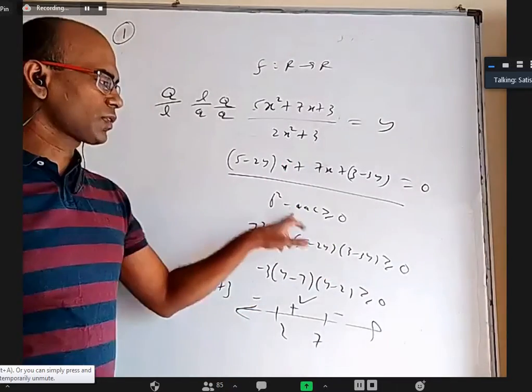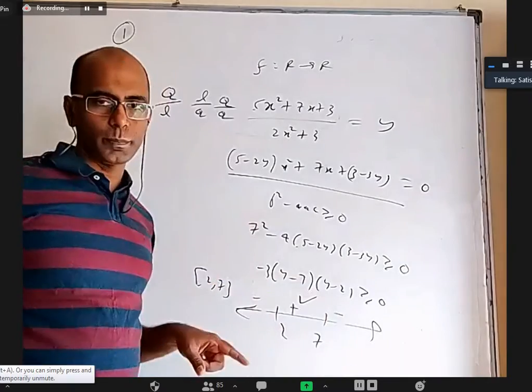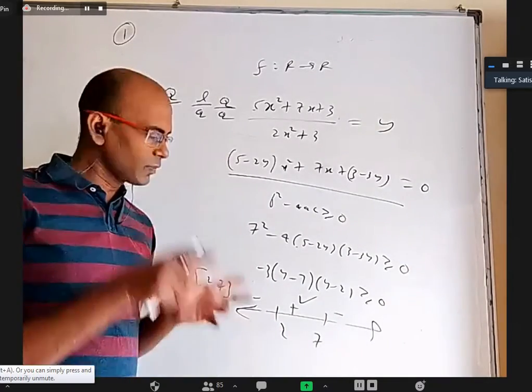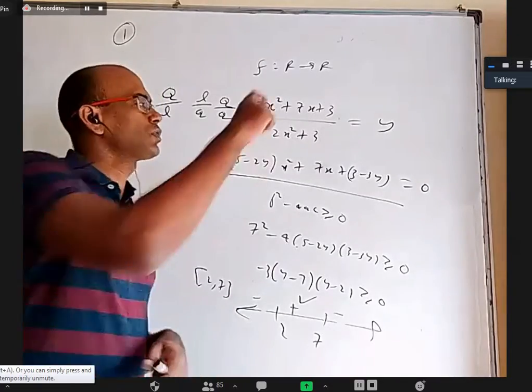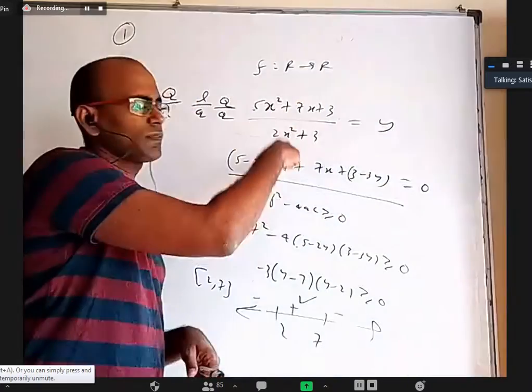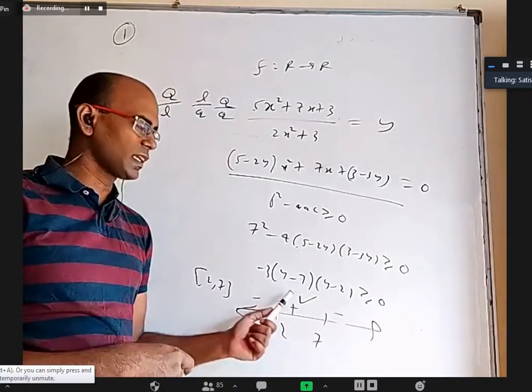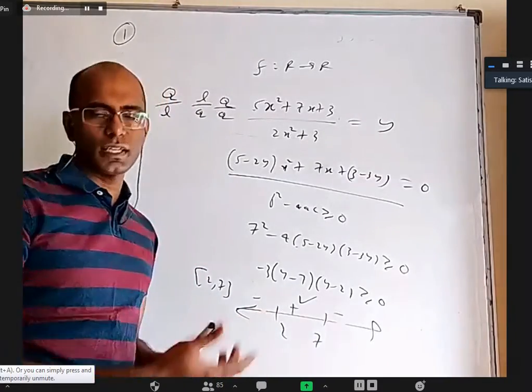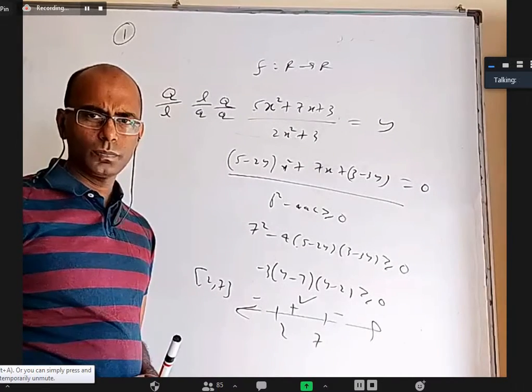For that, you take b square minus 4ac greater than or equal to 0. You will get an inequality in terms of y. That will give you what y values are okay from the solution set. For those y values, there will be pre-images. For other y values, there are no pre-images. So whatever solution you got for this inequality in terms of y, that is the range. Is it clear? Yes, sir.